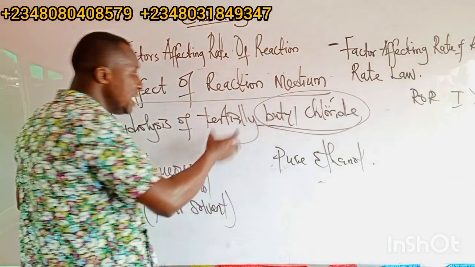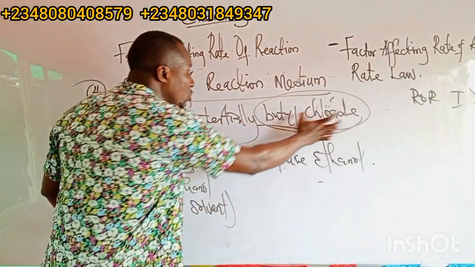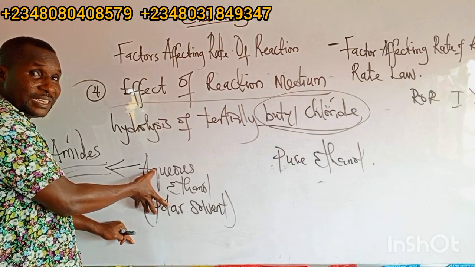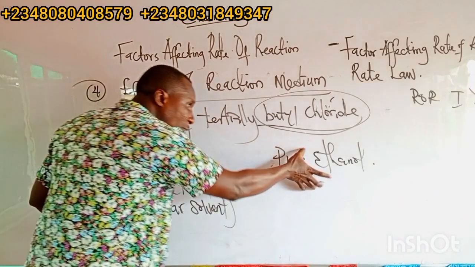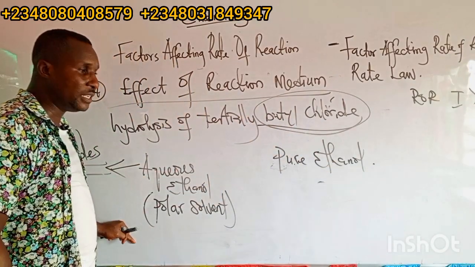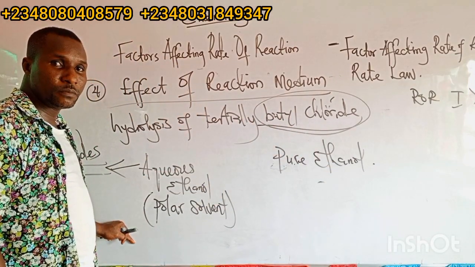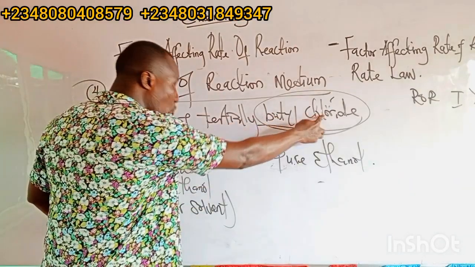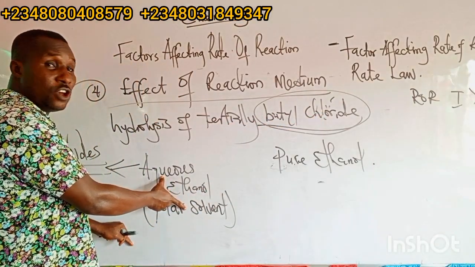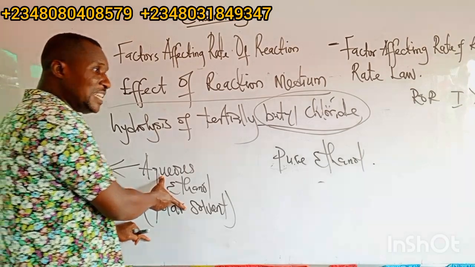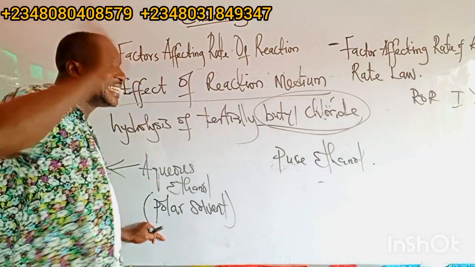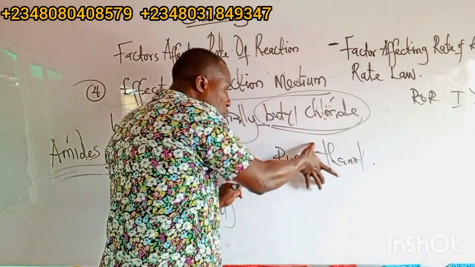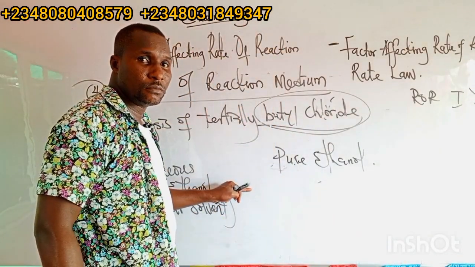That is why the hydrolysis of tertiary butyl chloride in this polar solvent, the rate of reaction in it is greater than when it is hydrolyzed in pure ethanol. The hydrolysis of tertiary butyl chloride with aqueous ethanol, the rate of reaction is 30 times greater than the hydrolysis of tertiary butyl chloride with pure ethanol.